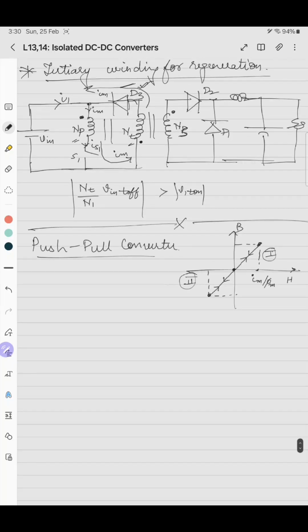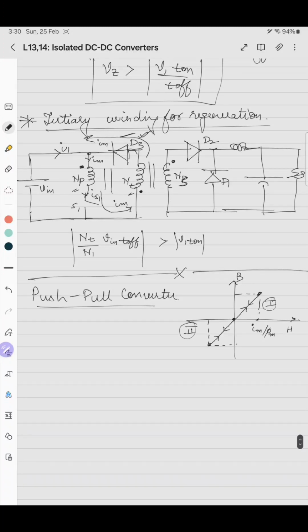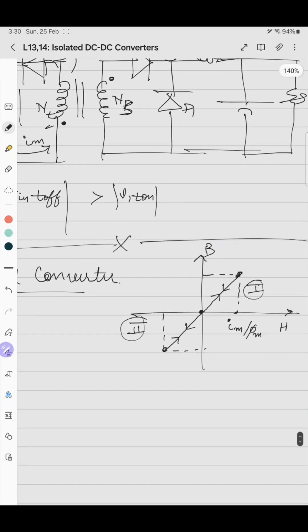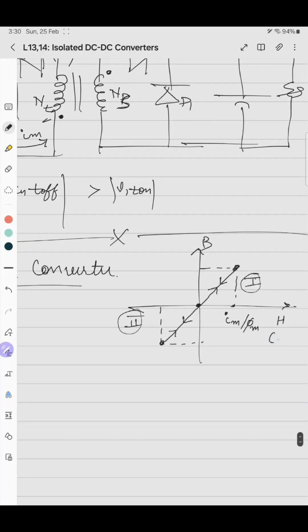In the forward converter, we were allowing the magnetizing current Im to rise in one direction and make it 0, again rising it and again making it 0. But here our aim is to make Im negative. The x-axis is Im and the y-axis is 1 by Lm integral VLm dt, and the slope is Lm.